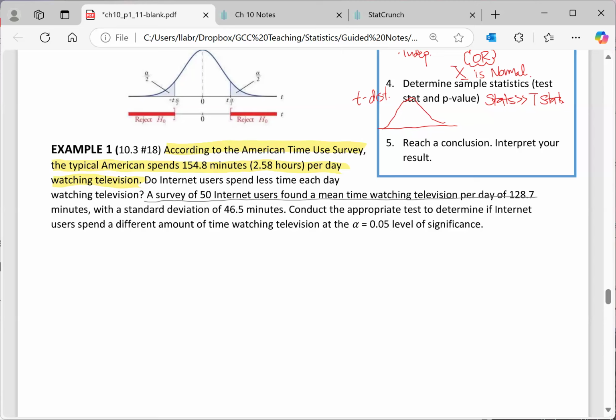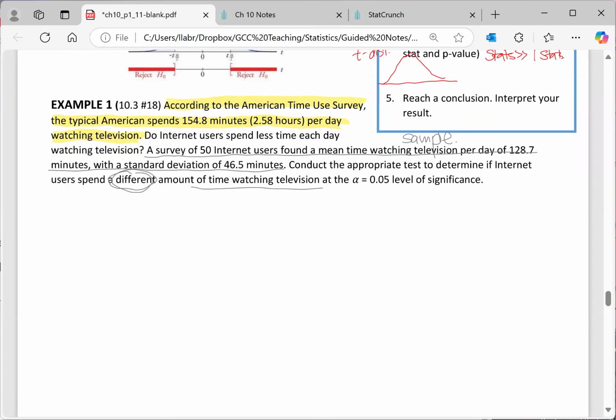So you can kind of ignore it right now. We don't need it right now. That's just the sample. And the problem ends by stating for us to conduct an appropriate test to determine if the internet users spend a different amount of time watching television. All right, so let's go ahead and set this up. So I hope it's clear here that the parameter is mu, which is the mean amount of time for the group that you're interested in.